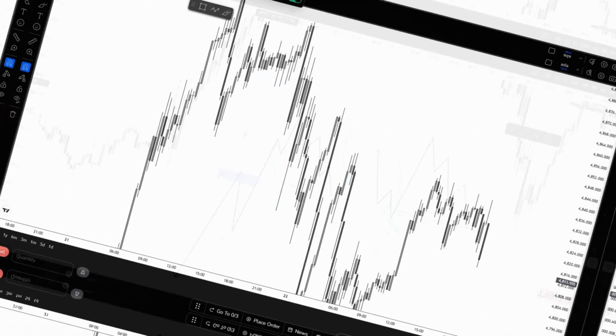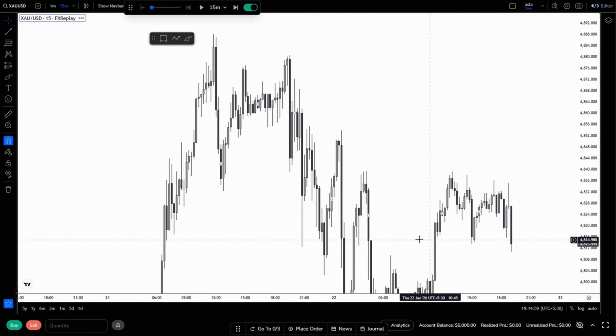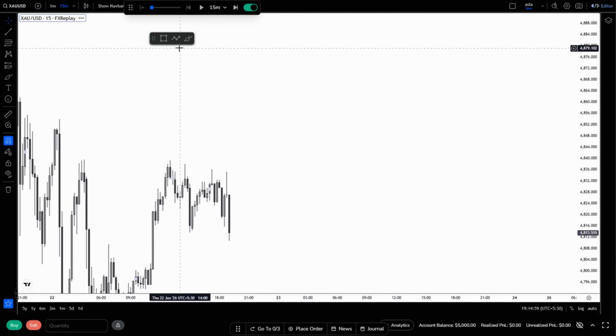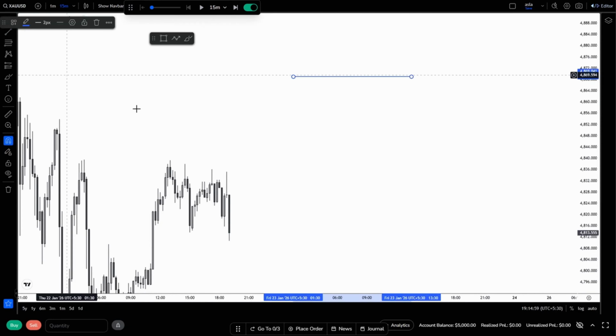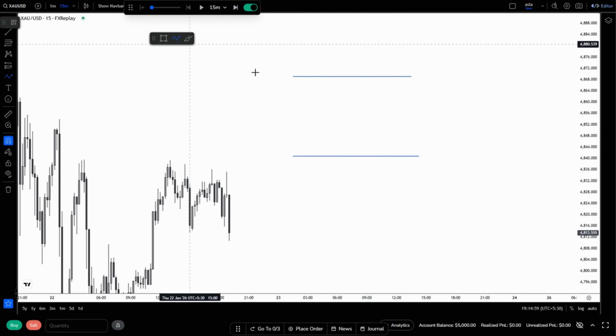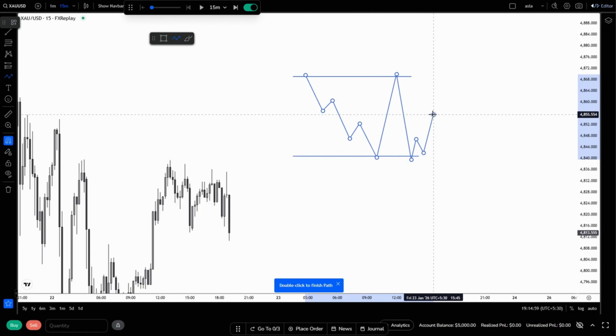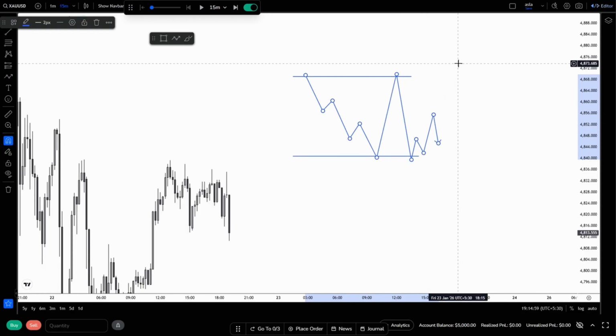So for me to take any kind of trade, there are two main ways I look for a market structure shift. The first way is after liquidity is swept. This can be either buy-side liquidity or sell-side liquidity. Once liquidity is taken, I want to see a structure shift in the opposite direction if I'm looking to take a reversal trade.